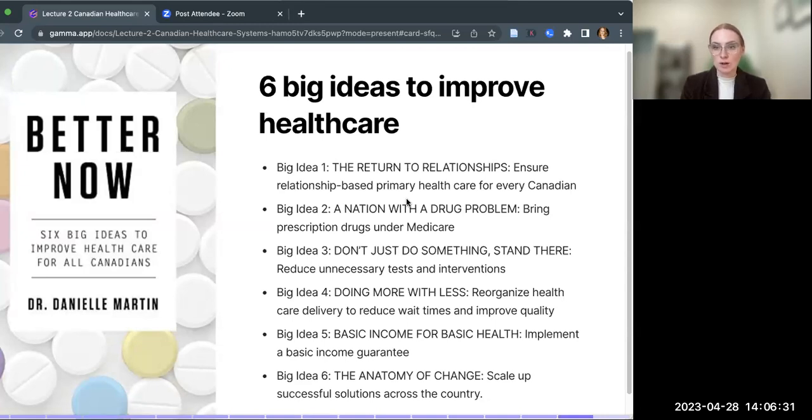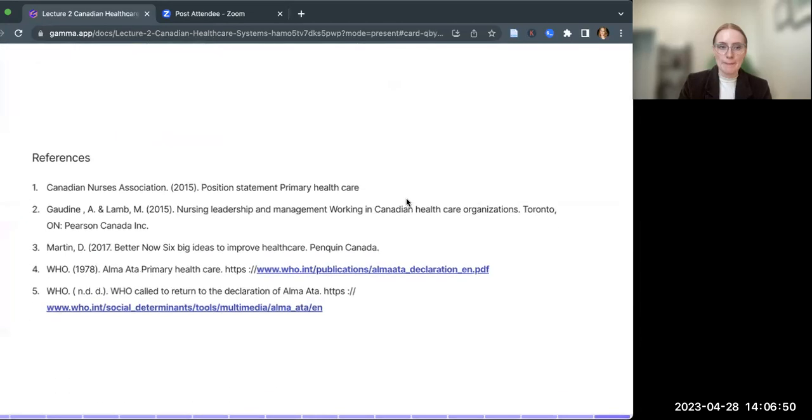Sometimes we see great solutions happen in one province and then they're never replicated. So there's a push to learn from each province, and even though each has different contexts, some solutions can be scaled across the country. Trying not to reinvent the wheel.